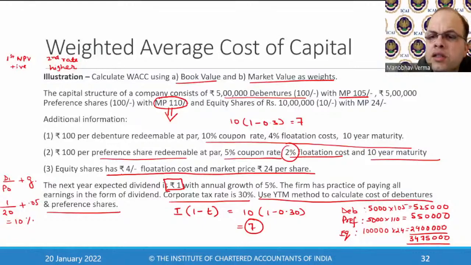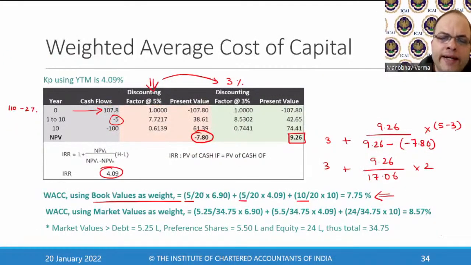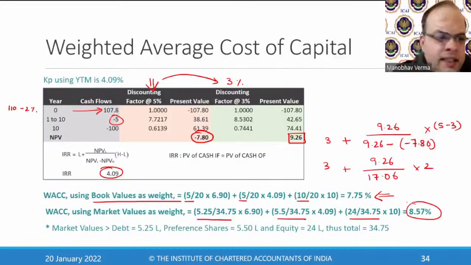And hence, when we are applying these weights, 5.25 upon 34.75, 5.5 upon 34.75, and 24, we get 8.57. 8.57, guys.